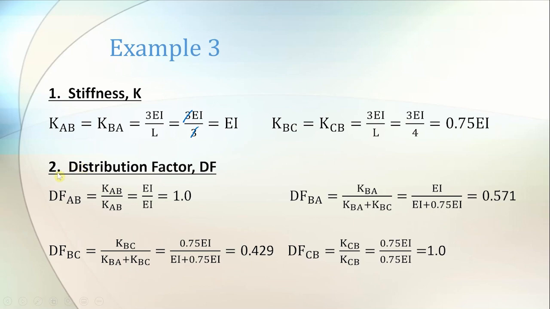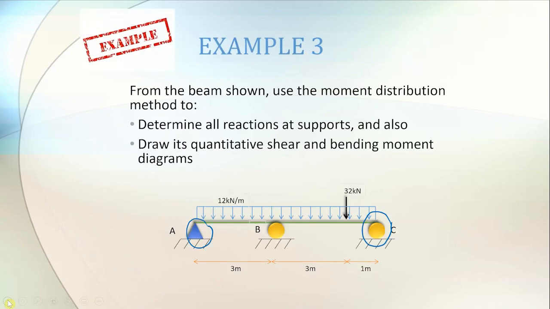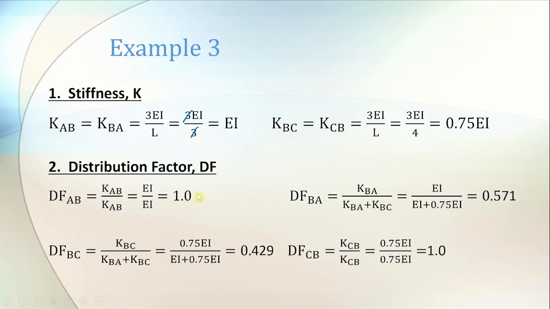We move to the second step, which is distribution factor, DF. So DF AB is the stiffness at AB divided with the stiffness at support A. Here at support A, we only have one beam, which is beam AB. That's why we divide with KAB only, equal to 1. Okay, this one you can cancel out.